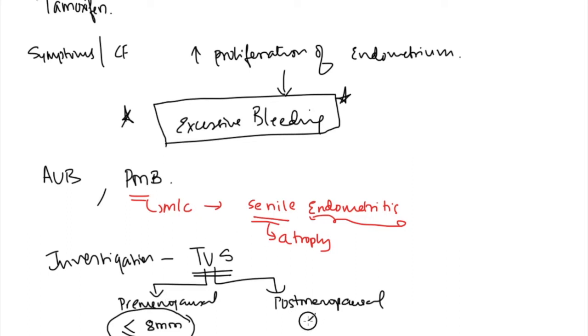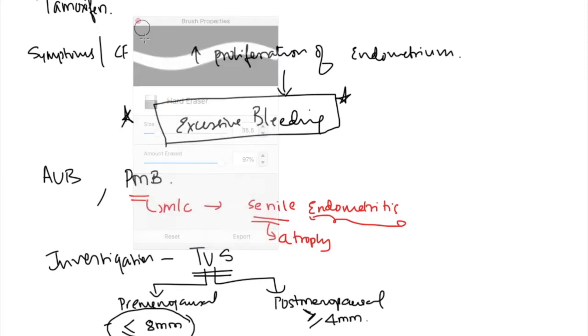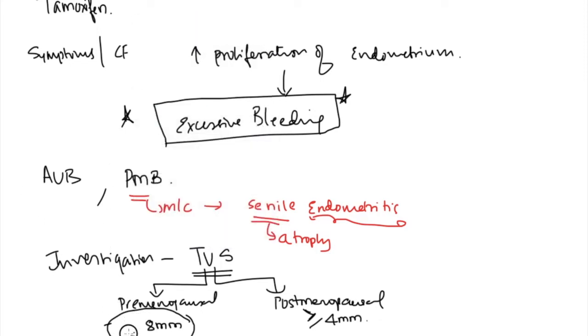Postmenopausal, thickness more than or equal to 4 mm. Anything more than or equal to 8 mm in premenopausal is considered endometrial hyperplasia, and postmenopausal anything more than or equal to 4 mm. So this figure is very, very important.